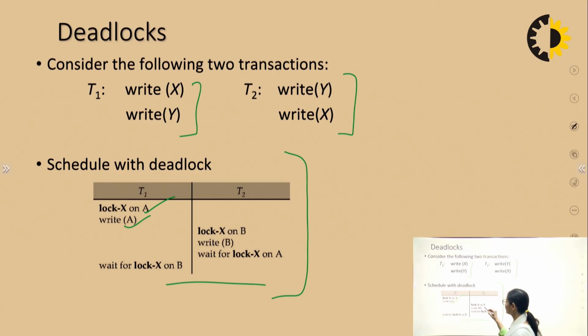Similarly, the T2 transaction needs to work first on Y, so it takes an exclusive lock on B. Sorry, this is my A, this is my B, and this is the schedule.